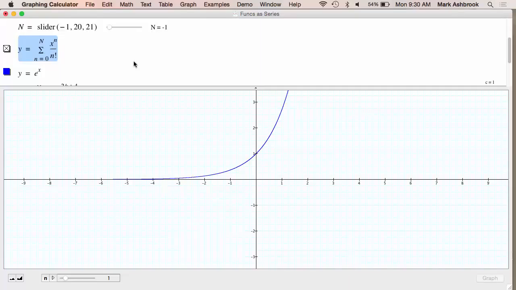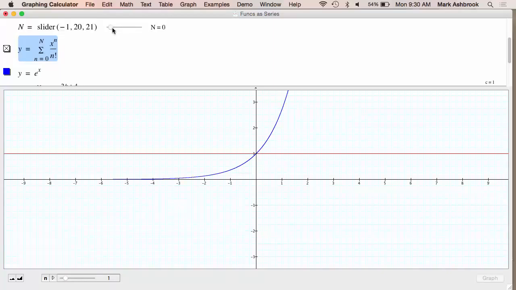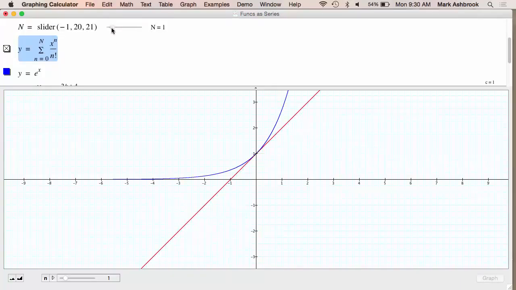And what are we doing? We're doing the Maclaurin series that we found, x to the n over n factorial. So if I take the first term, capital N equals 0, it's only right for one value, right? It's only right at that point 0, 1. Now if I take the first two terms of the polynomial, so what is this right now?